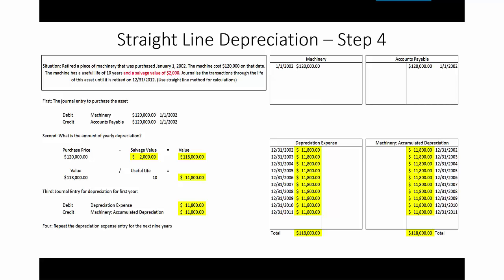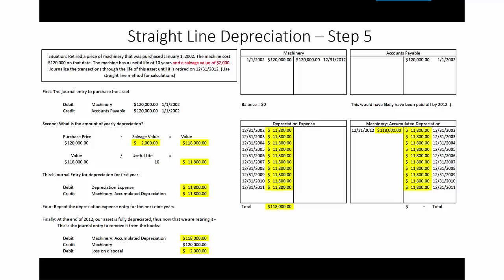We will carry that salvage value for as long as we own this asset. However, after this point in time, we're going to dispose of it. So let's see how we get rid of it now.